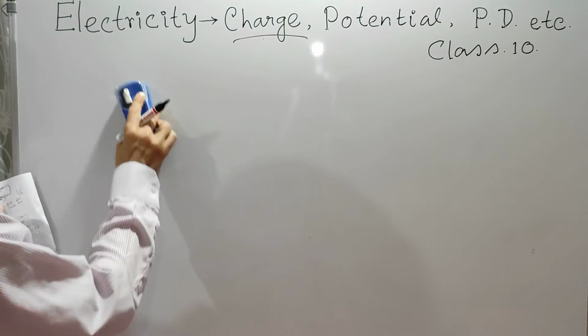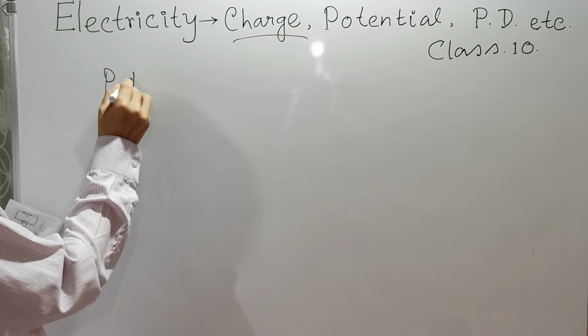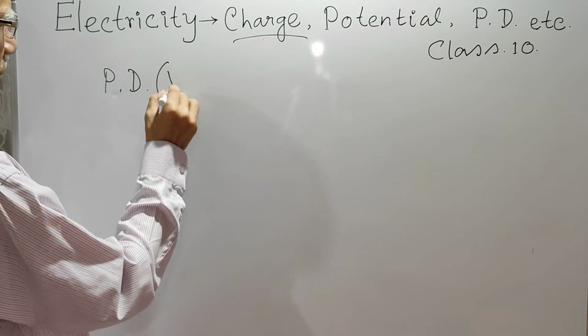So now what we have got is this potential difference. There is a formula. The symbol is V, for volt.